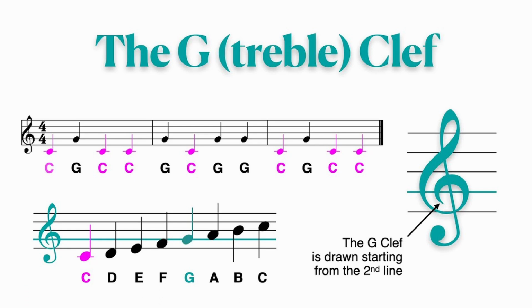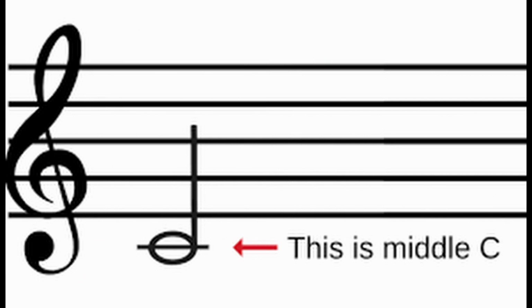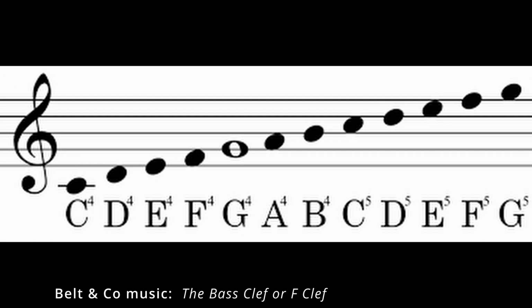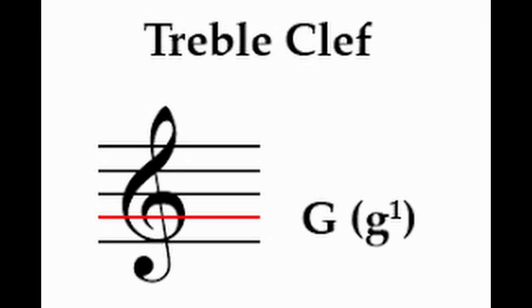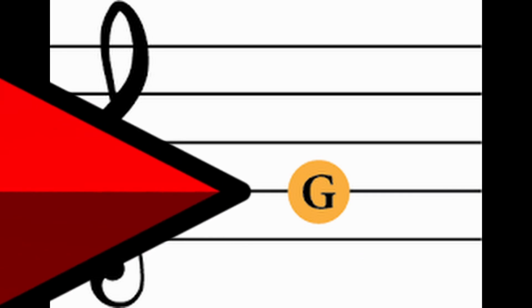It's important to know that the middle C is placed on the bottom added line of the clef. We can also observe the center of the clef pointing at the note G. This is the reason why this particular clef is called the G clef.